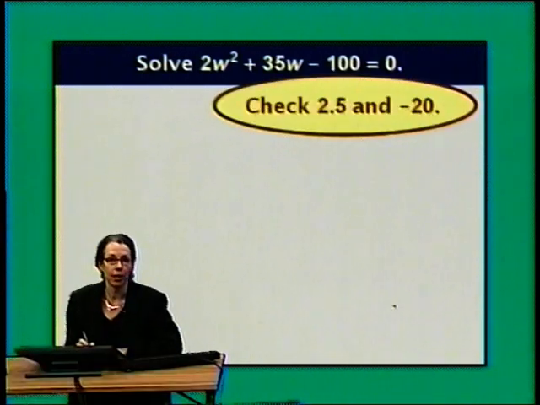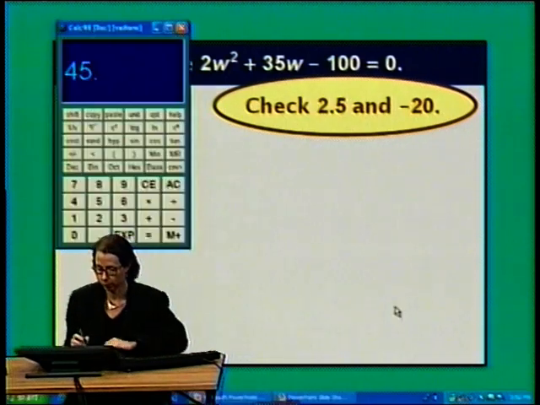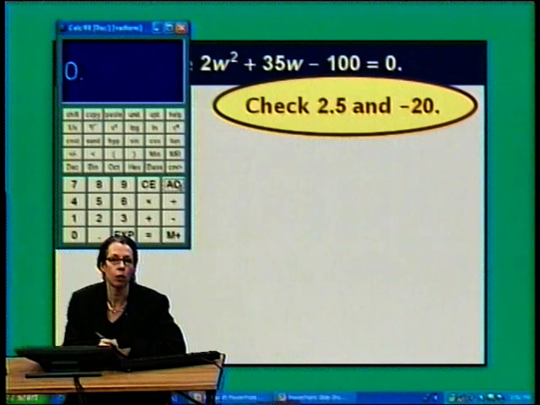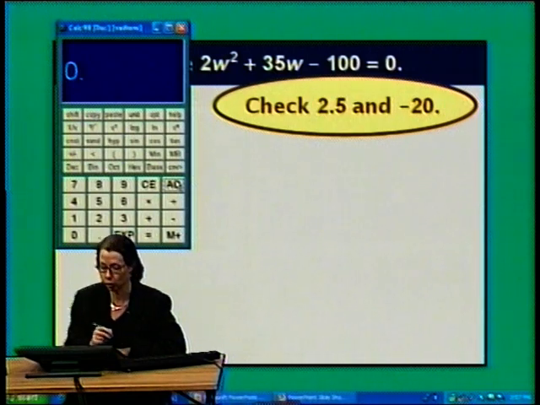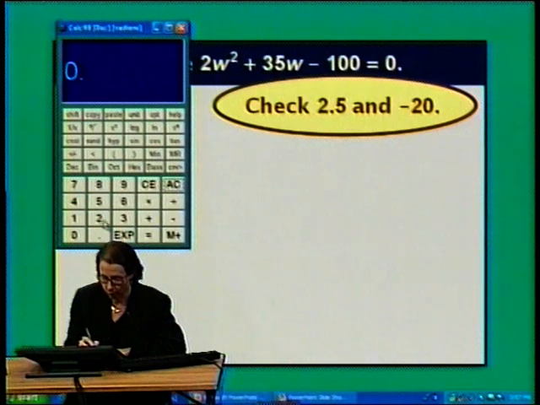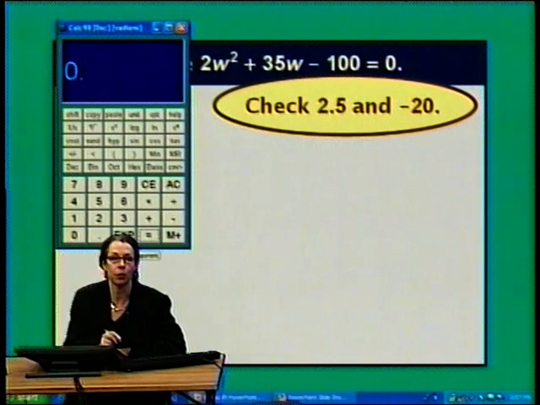So when I do my check here, again, I think I'm going to check using my calculator. Now here I wrote 5/2 as 2.5, and I did that because that's an exact decimal form of 5/2. So I'm going to check 2.5. I have 2 times 2.5 squared plus 35 times 2.5 minus 100. That equals 0.